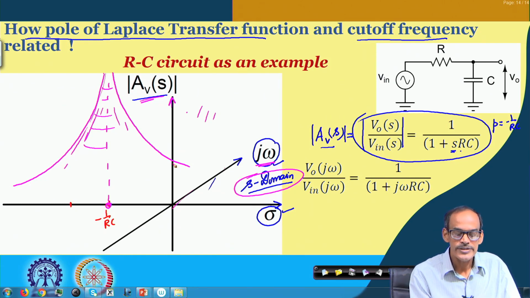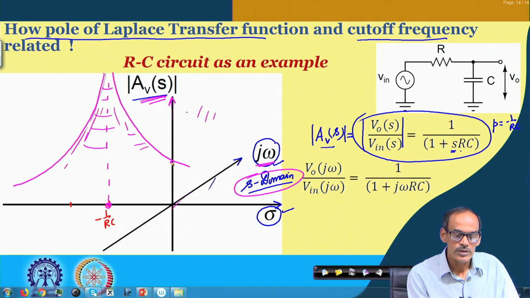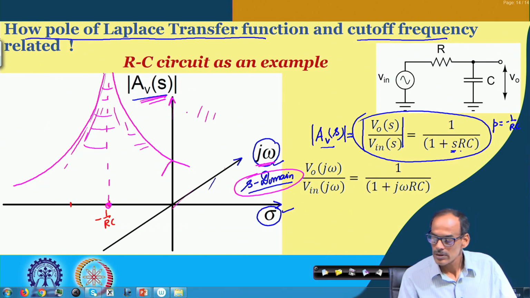Now, if I consider this cut of the surface by this vertical plane constructed by sigma and j omega, we can see a cut having a profile like this.